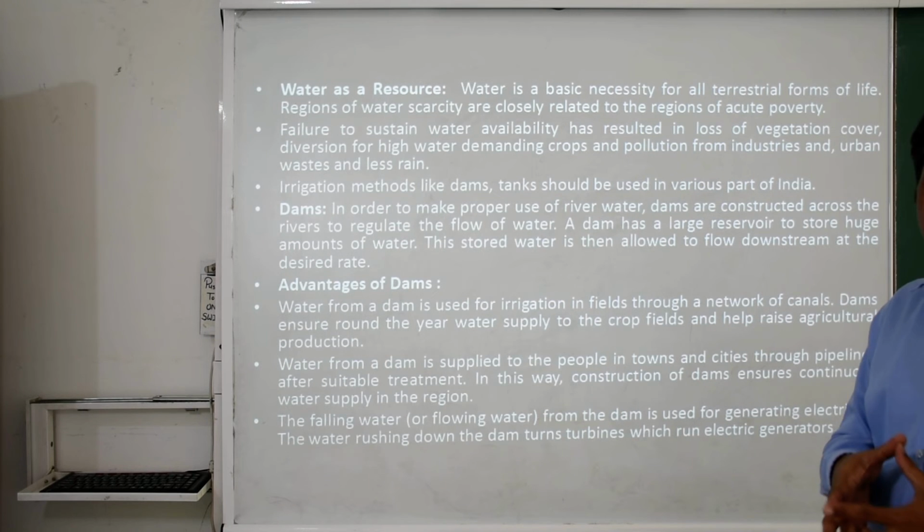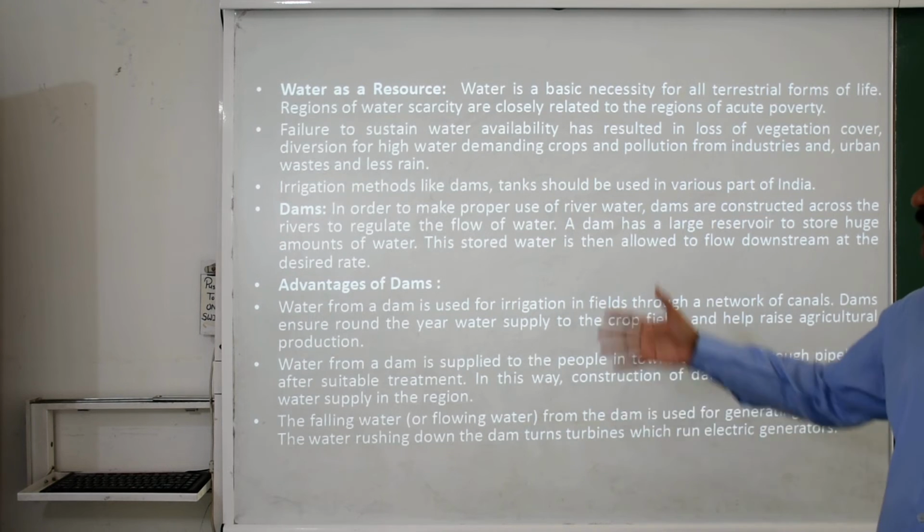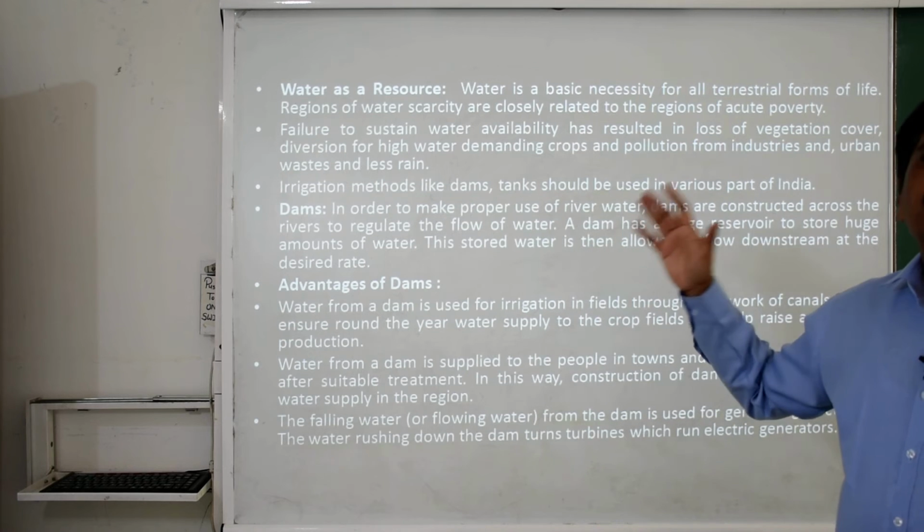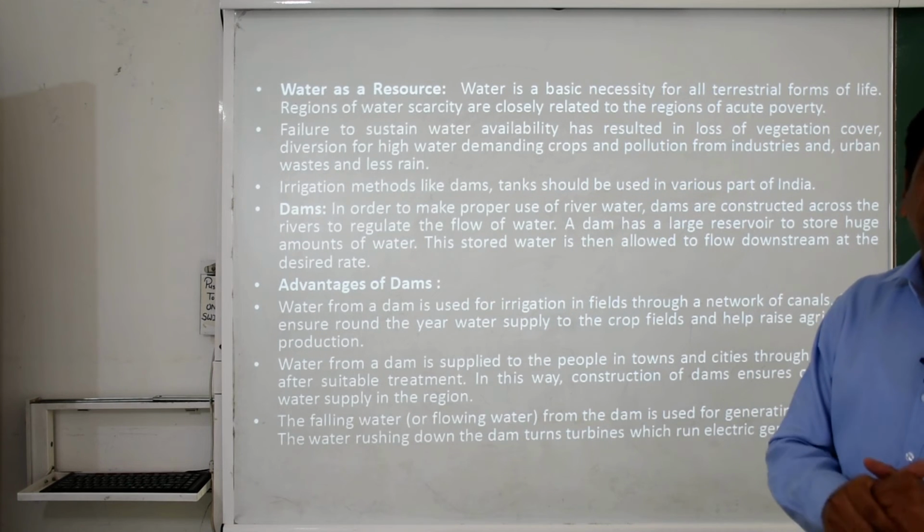It is not only for drinking purposes, it is also used for agricultural purposes. It makes sure of the availability of water throughout the year. It is also useful for the production of electricity.